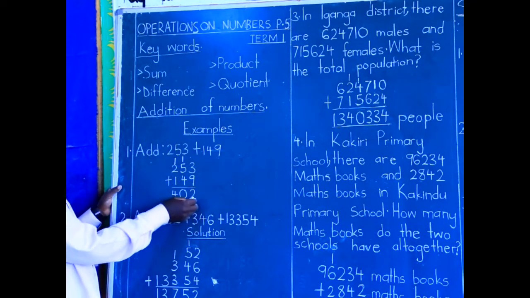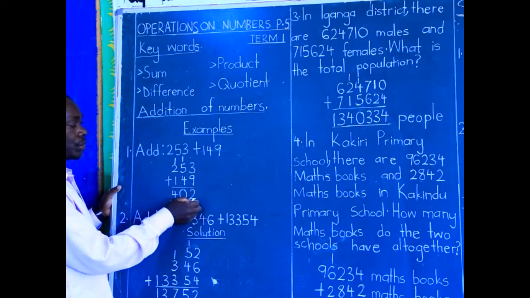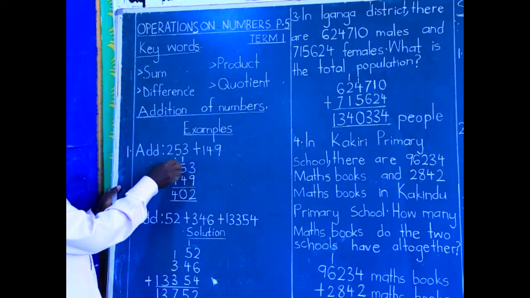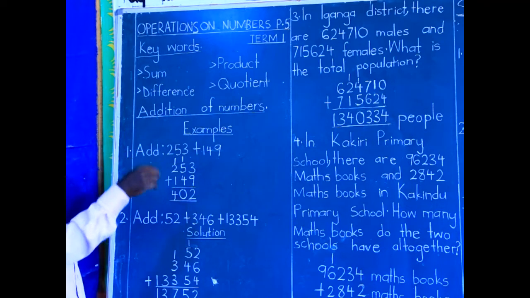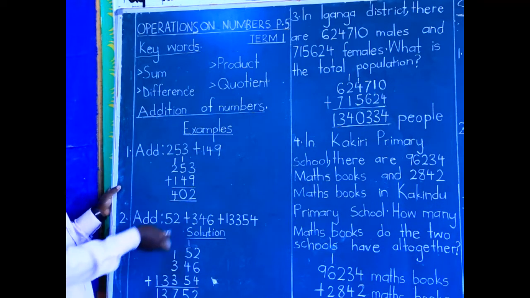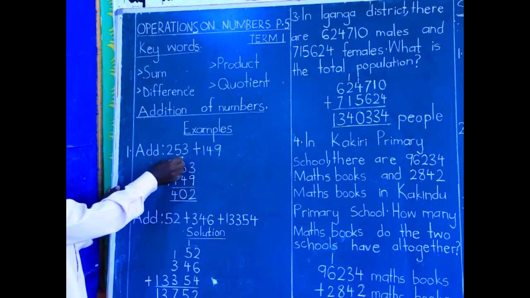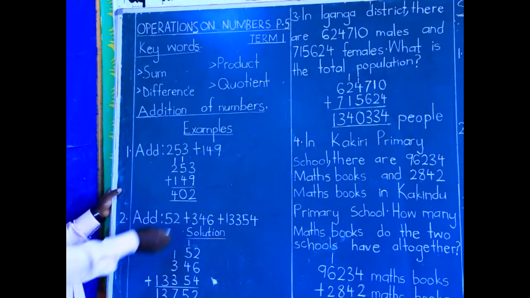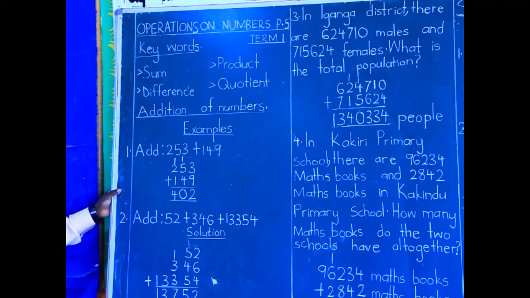3 plus 9, you get 12. You write 2 and regroup 1. Regrouping is the same as what you already say, carry. So you regroup 1 to the tens place value, and now 1 plus 5, you get 6, and that's 6 plus 4, you get 10.